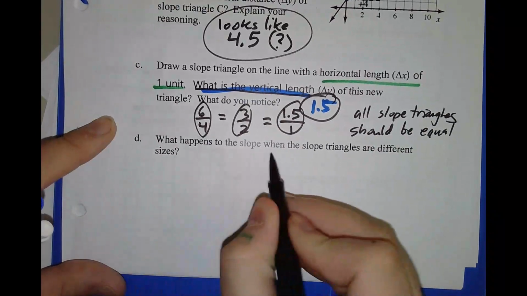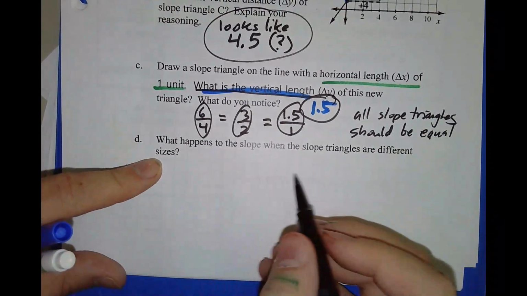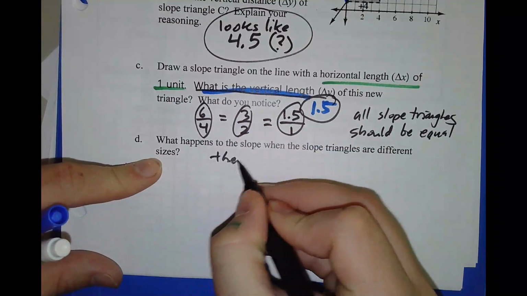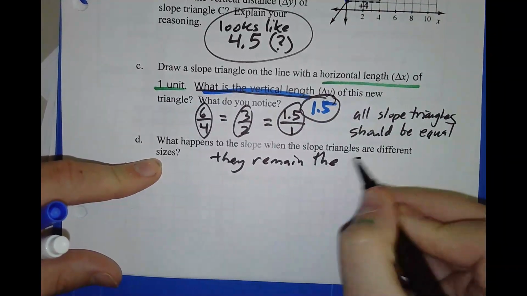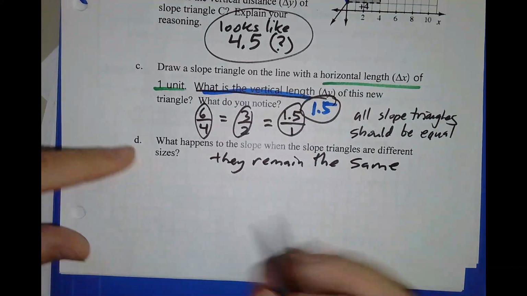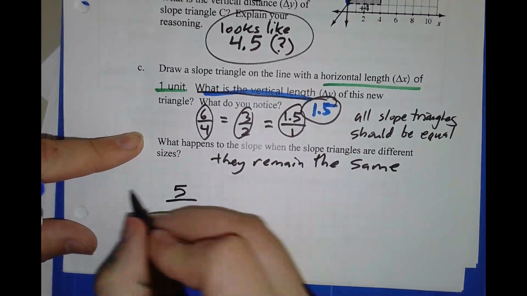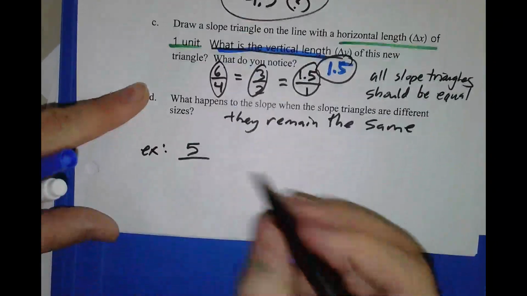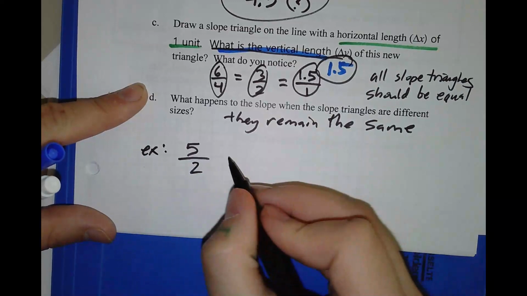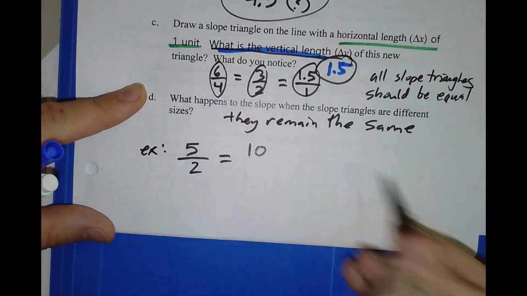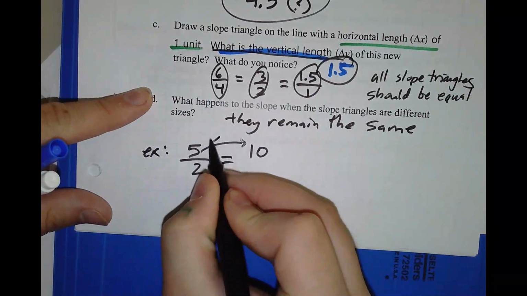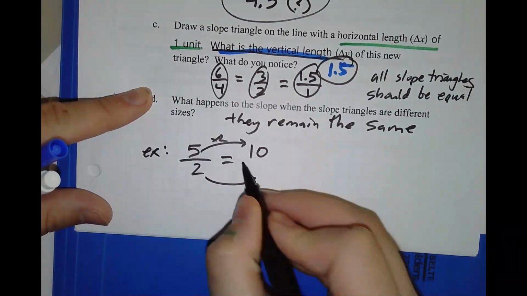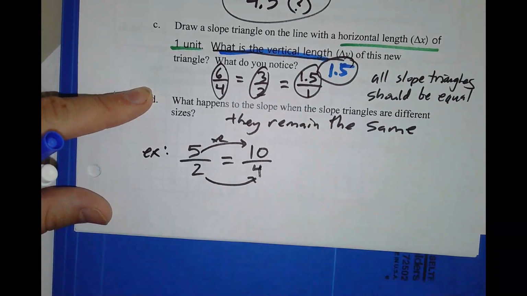Letter D. What happens to the slope when the slope triangles are different sizes? They remain the same. For example, if I had 5 over 2, what would it be if it was bigger, like if it's double? Then this should also be double, 10 over 4.